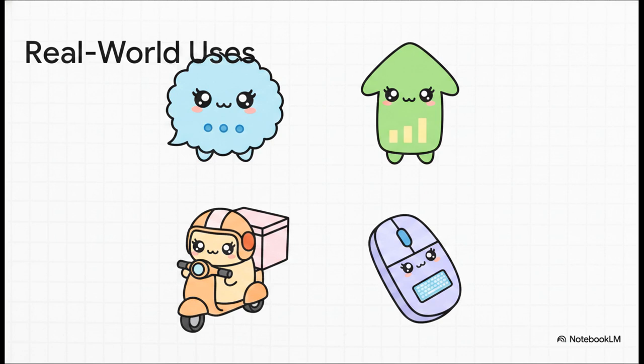Live stock market updates flashing green and red every fraction of a second? WebSockets. Live map tracking showing exactly where your food delivery driver is on the street? Yep, you guessed it, WebSockets. Even collaborative editors, where you can literally see your coworker's cursor moving across the document in real time, all of it is powered by this exact same persistent, instant connection.